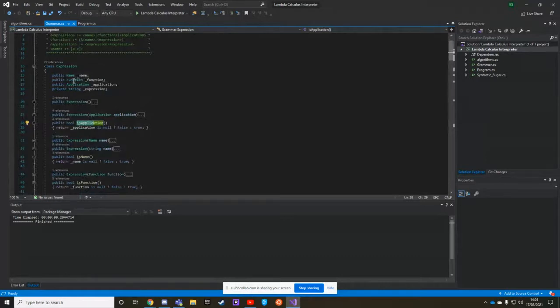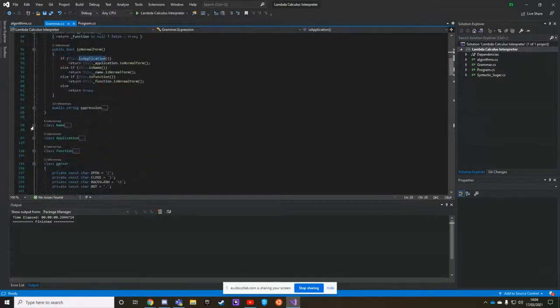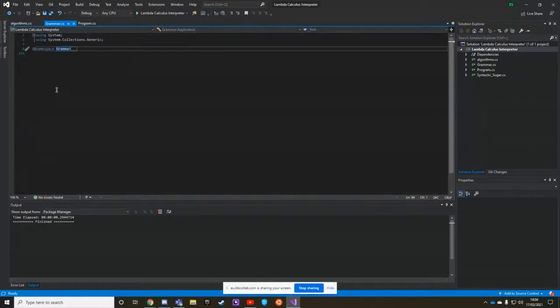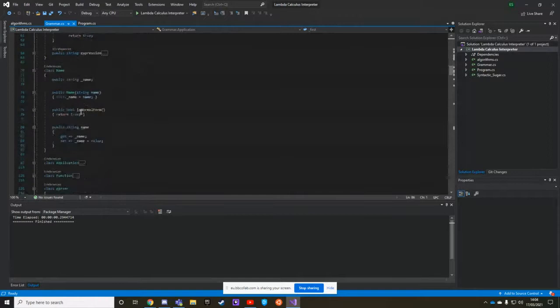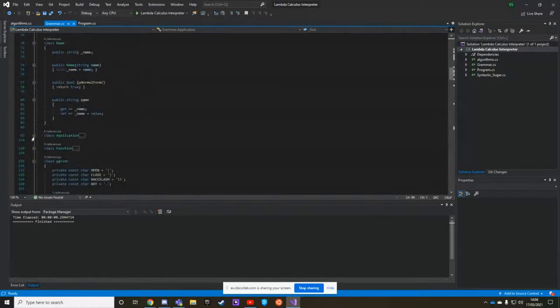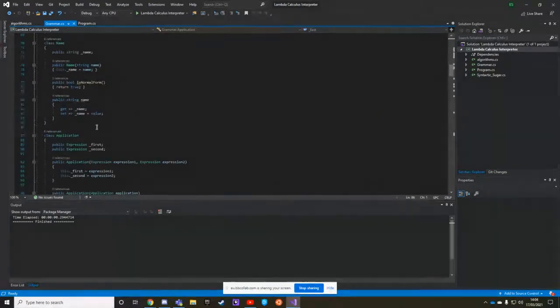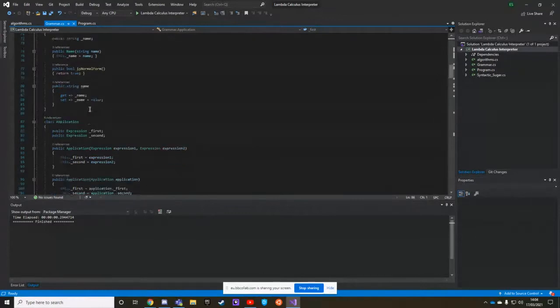So it has a variable of name, function, application, and then inside each of those, in name it just has a string of name. That's a very simple one where you can set the name and then get the name or check if it's normal form, and of course for name it always is normal form.